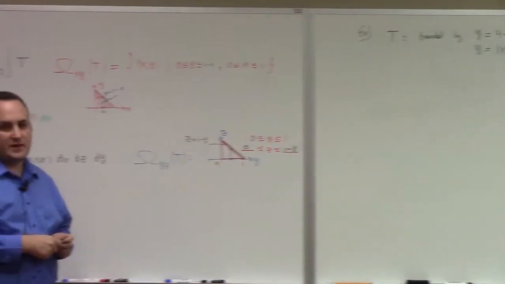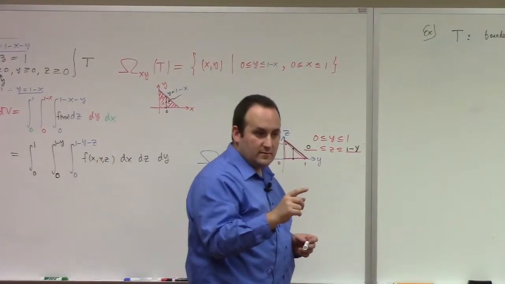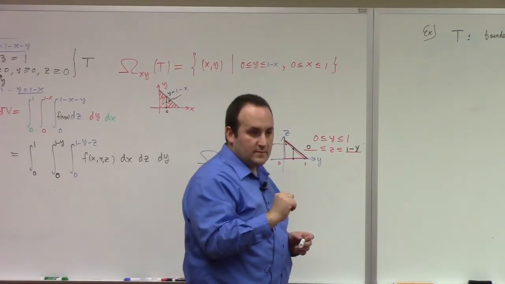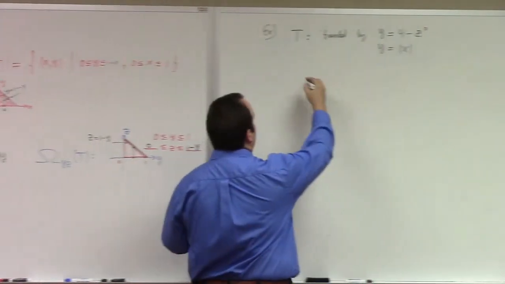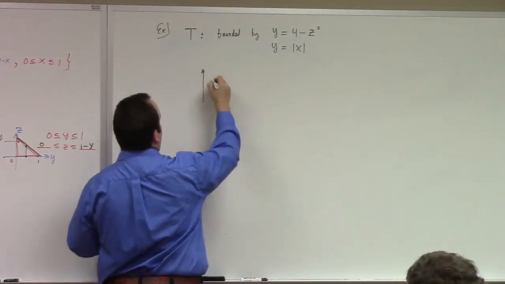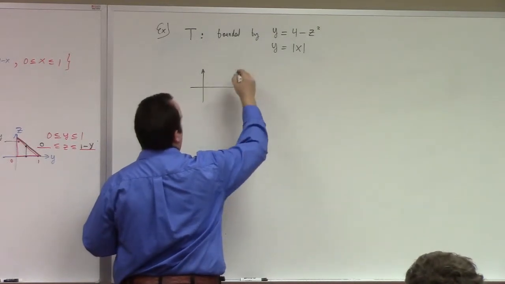What I do is I look at lower dimensional pictures. We know what the absolute value of x looks like. Does the fact that we have two equations both equal to y in this case mean they have to be equal to each other? Well, let's see here.